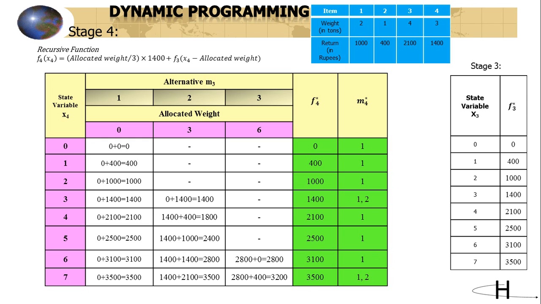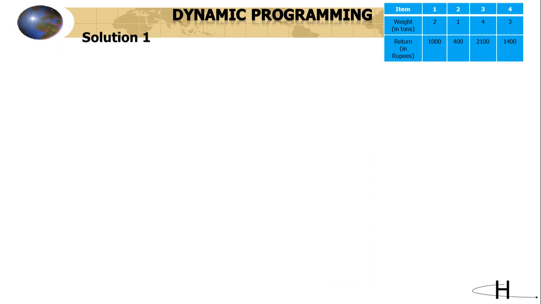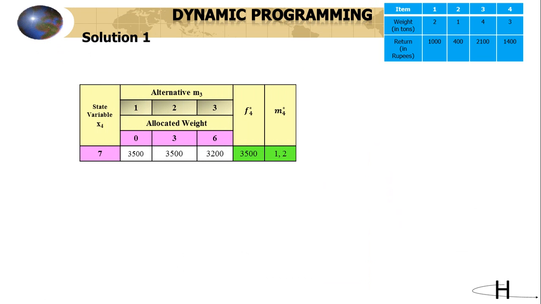So solution 1 will be, for stage 4, the best alternative amongst the obtained ones is with respect to x4 equal to 7, and that value is 3500 with respect to allocated weight 0 and 3.